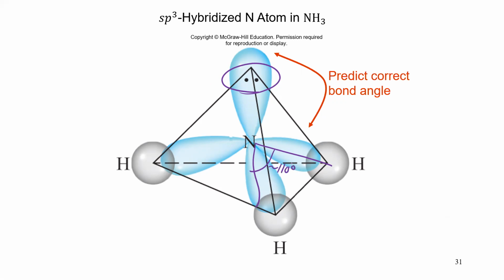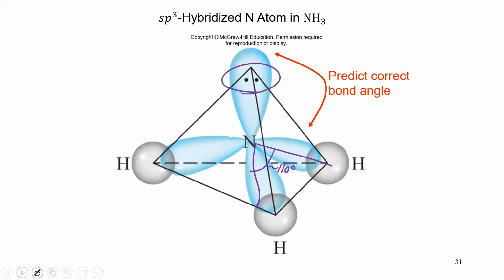If we didn't think in terms of hybridization, that lone pair would just be in a random atomic orbital and wouldn't contribute to the geometry at all. With hybridization, we see that it does. So hybridization ties in very well with VSEPR theory of molecular geometry.